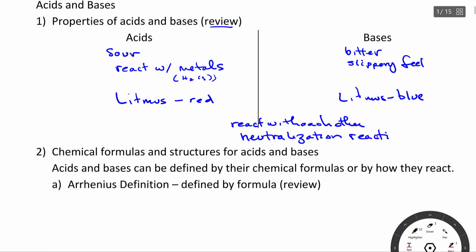Those are the general properties of acids and bases that we've covered before. The other thing I wanted to point out, and we'll talk about this later, is that acids and bases are both types of electrolytes. So I'm going to put that in the middle column too. Even though one is acidic and one is basic, they both give solutions the property to conduct electricity.